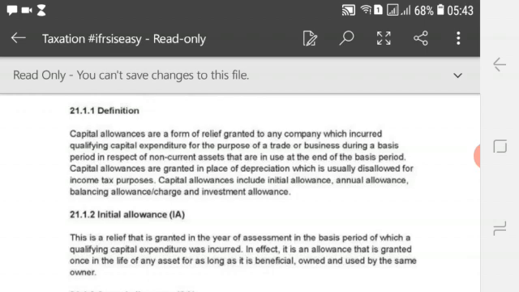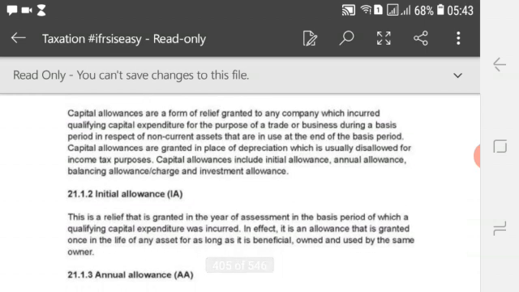But before we go further, what do you understand by qualifying capital expenditure? Qualifying capital expenditure simply means expenditure incurred on assets for the trade or business in a particular basis period.